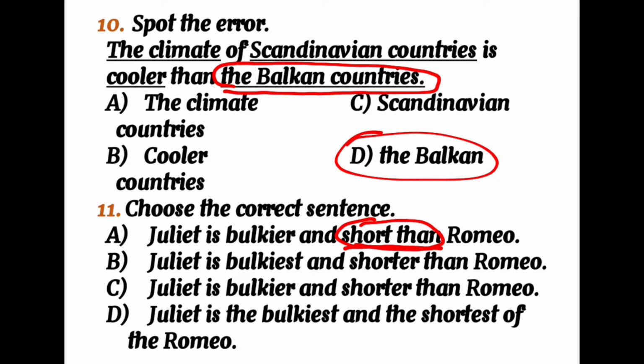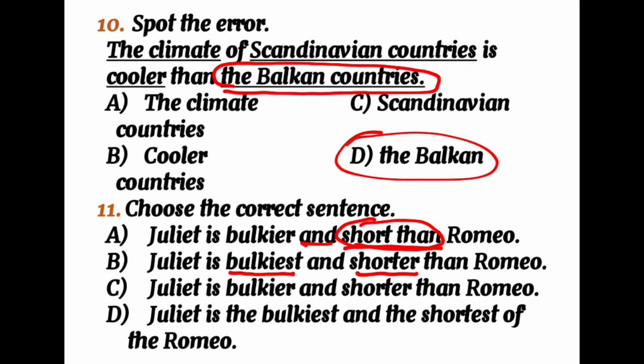Juliet is bulkiest and shorter. And there is another thing that has to be noticed here, that "and" needs both the things that are around it to be parallel. So if we use superlative degree here, there must be a superlative degree on the other side of "and" as well. And, or, than, but also these are the words that need parallelism, right?